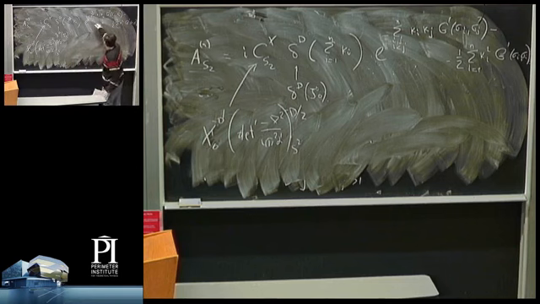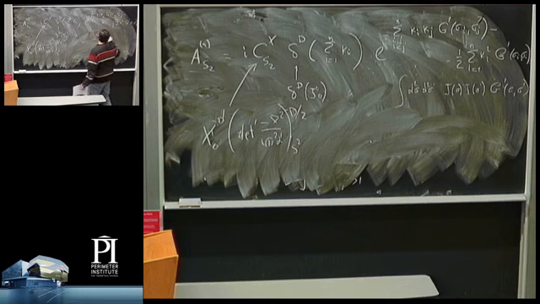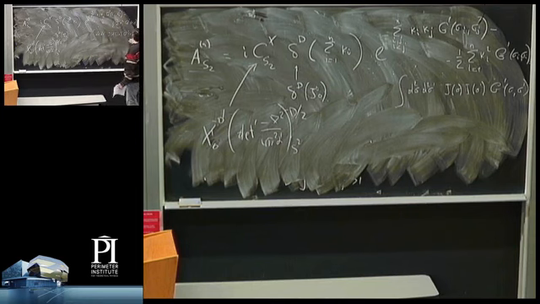Remember what we have here in the exponential. That was an integral of d2 sigma d2 sigma prime J of sigma, J of sigma prime, and then the reduced Green's function.